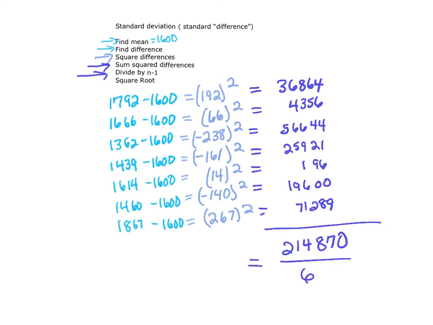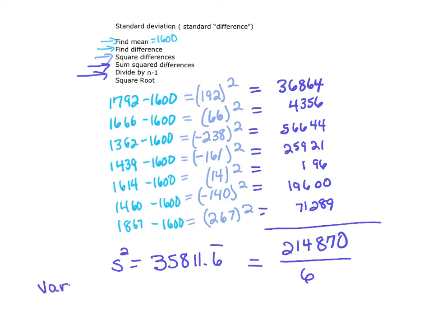And when we do that, we get this value. If you are interested in learning why we divide by n minus 1, come and see me. I'll be glad to talk with you about that process. But I think most people prefer to just remember, okay, I'm going to divide by one less than however many there are.